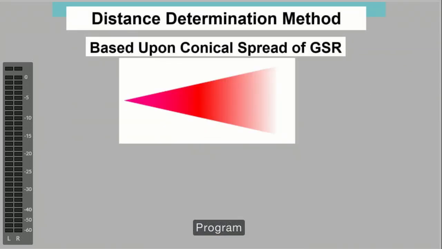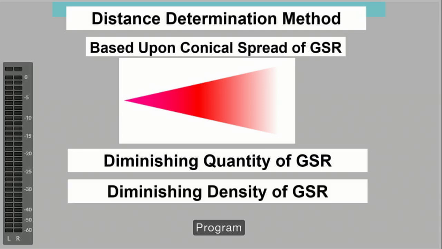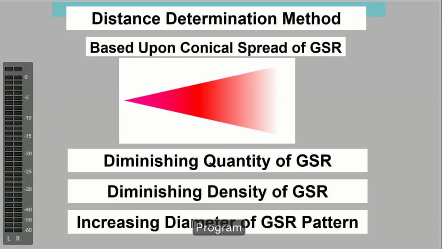The distance determination method is based on the conical spread of gunshot residue. There's a diminishing quantity of gunshot residue as the particles move away from the muzzle. There's diminishing density of gunshot residue, and there's increasing diameter of the gunshot residue pattern.